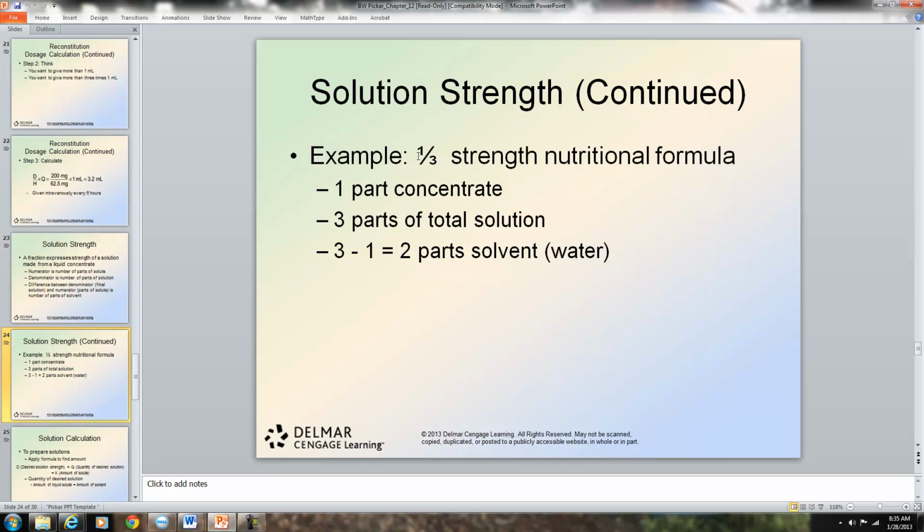If I want 1/3 strength, the 1 represents the concentrate. The 3 is the total parts of the solution. And when I take 3 minus 1, I get 2 parts solvent. 1 is the concentrate, 2 is the solvent. The 1 and 2 added together give you the total solution.